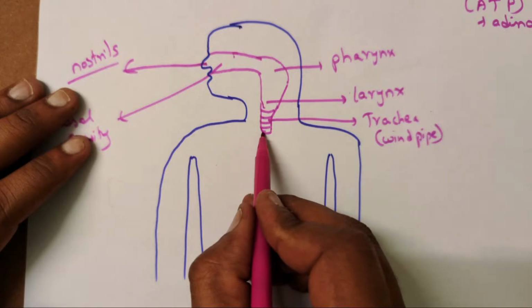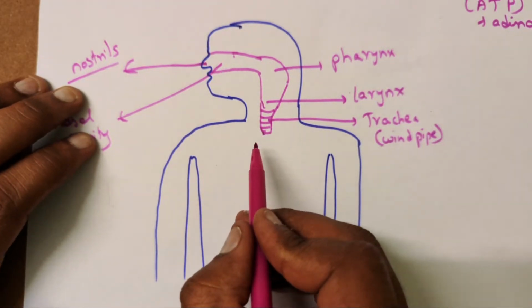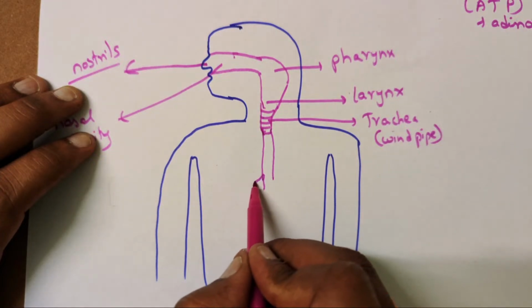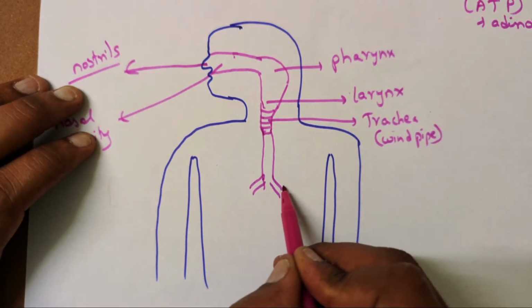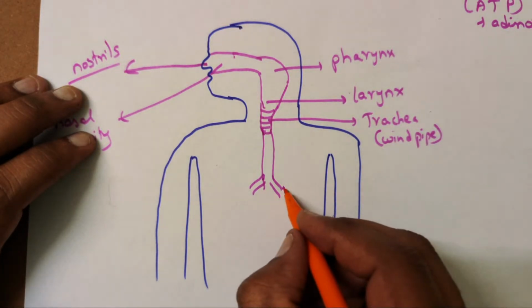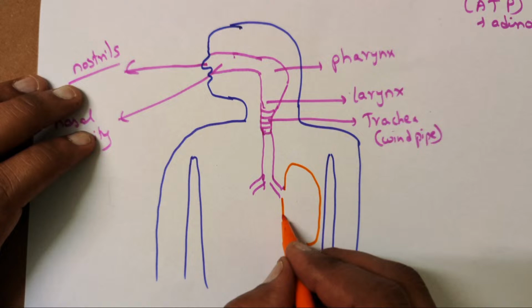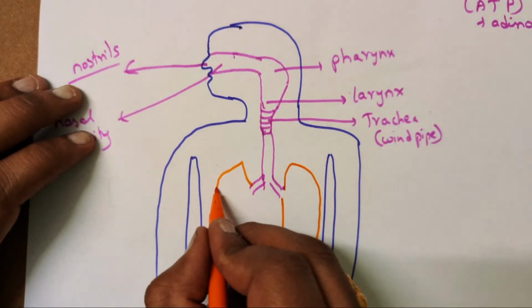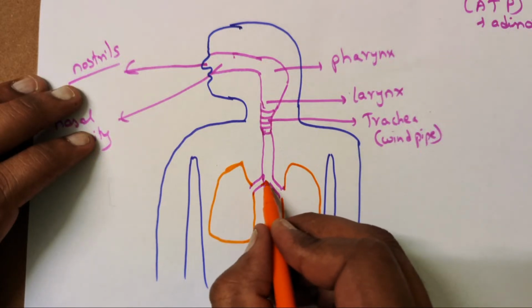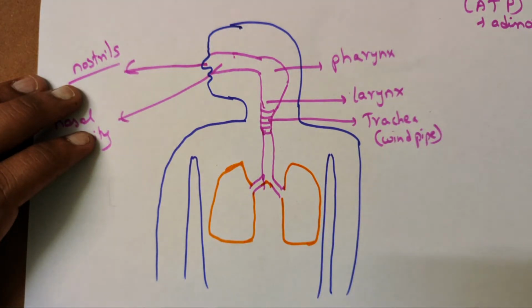From this windpipe we have a long connection, and from there it will break into two parts. From here it will go to the bag-like structures which are nothing but the lungs. So this dividing part is the bronchus or bronchioles.